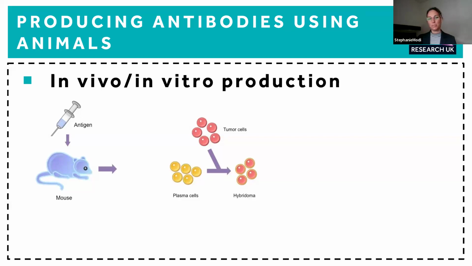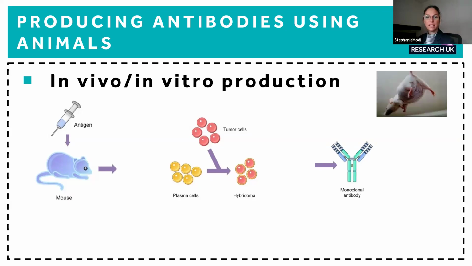So they're producing your antibody, but they can also grow in an immortal way. And once you've got your hybridoma, there's two main ways that you can culture and produce the antibodies. So you get your monoclonal antibody, so mono meaning one, which means it's specific for a particular epitope on an antigen. And the two ways are, firstly, ascites.